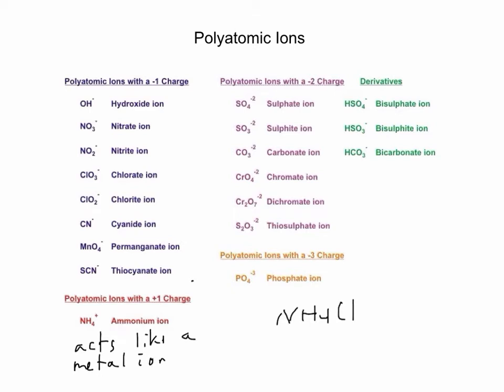So the metal, the positive ion, is the ammonium, and the negative ion is the chloride. If I had one compound where I had more than one ammonium, I would have to put it in parentheses. So for example, ammonium sulfide would look like this.